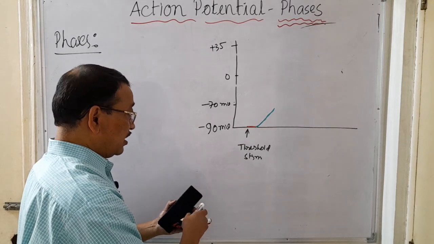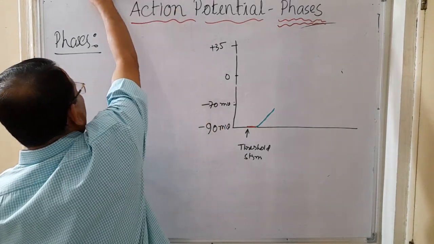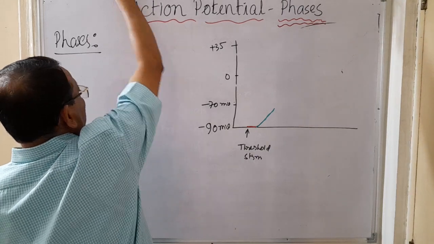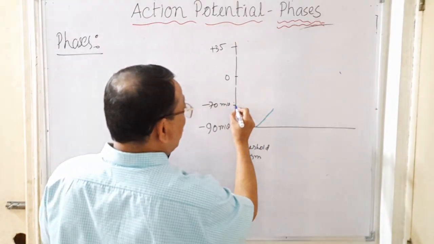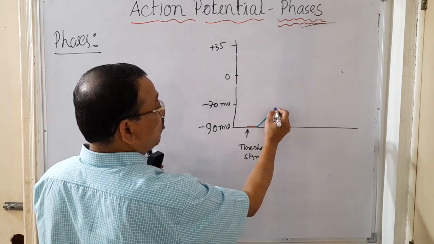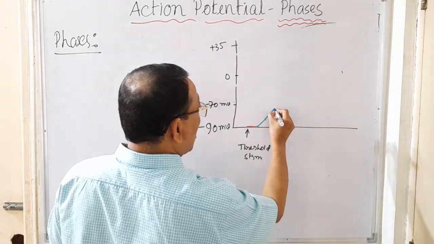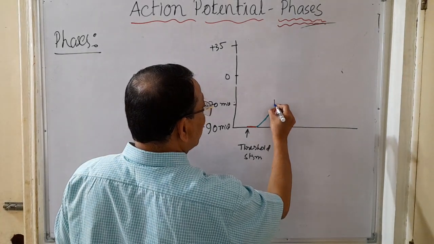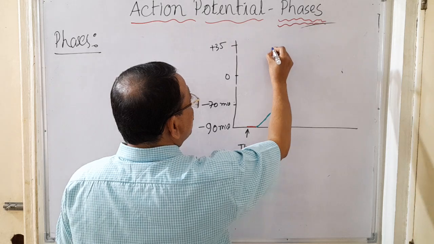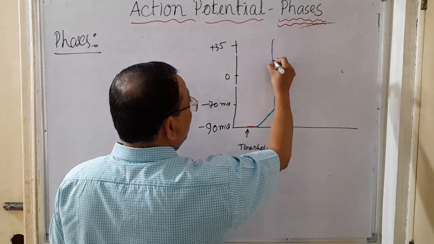And after that, what happens? Once the membrane potential of minus 70 millivolt is achieved, there is a very sharp fall of electronegativity, overshooting zero, and it reaches plus 35 millivolt.